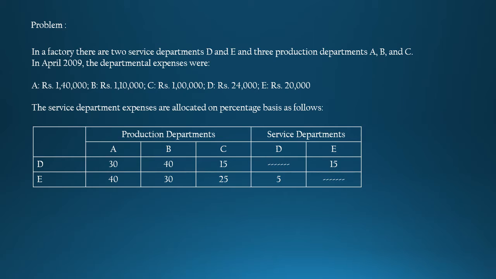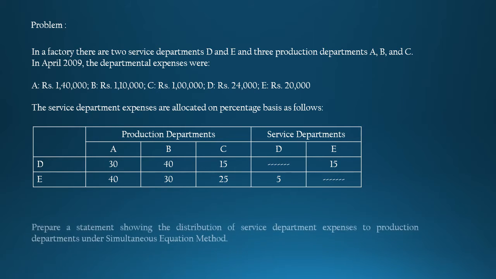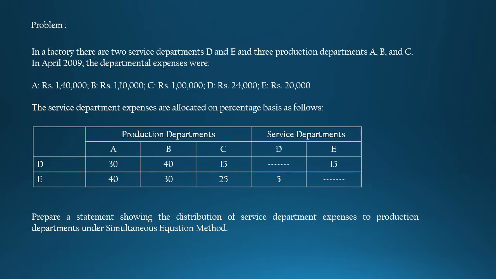Then for E, when E will distribute its service, the proportion for A will be 40, B is 30, C is 25 and D is 5. Prepare a statement showing the distribution of service department expense to production departments under the simultaneous equation method.